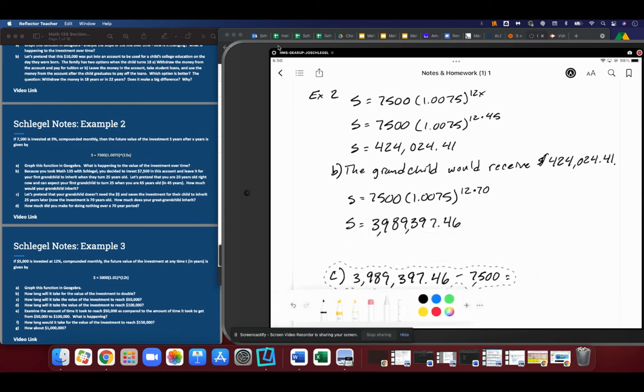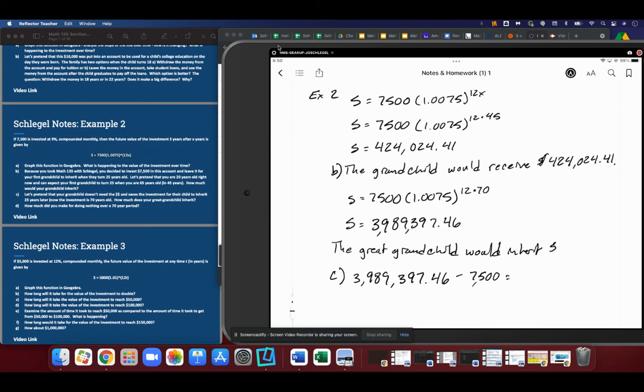So for part B, the great-grandchild would inherit $3,989,397.46.